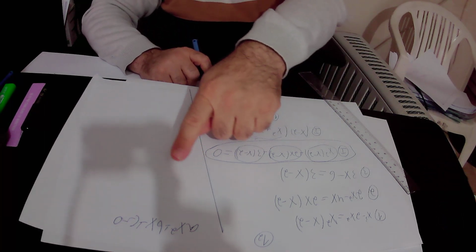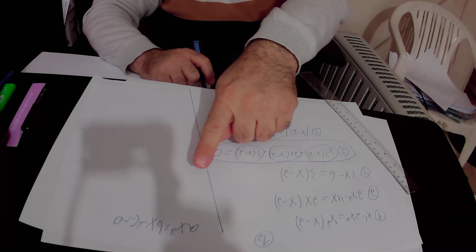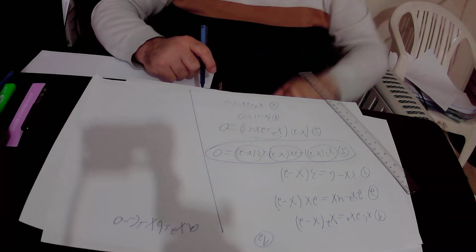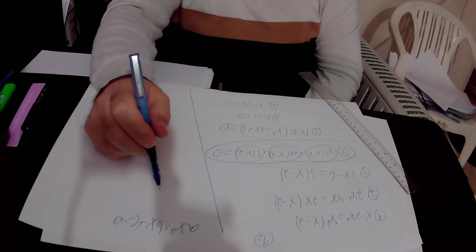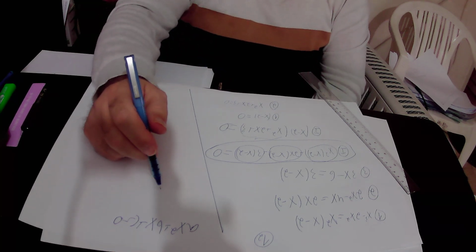Here a, b, and c are the coefficients of this quadratic equation, and x is the variable that we are looking for, and we will find the value of x according to a special formula.